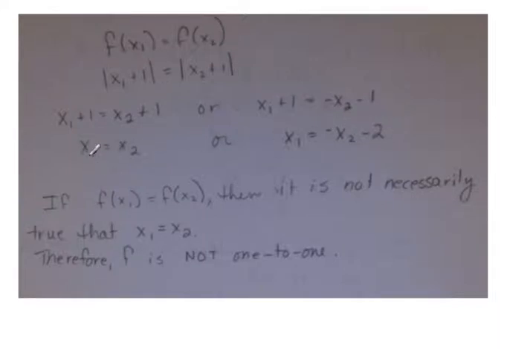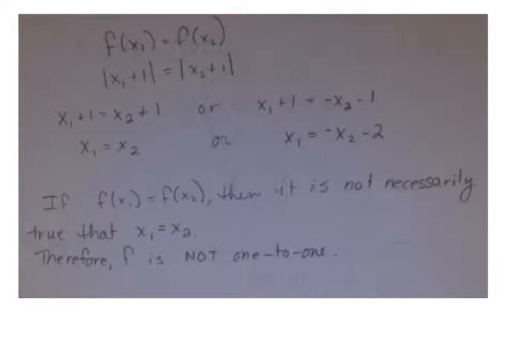I solved each of these for x1, and I found in the first case that x1 is indeed equal to x2. However, in the second case, I find that x1 is equal to the opposite of x2 minus 2. Therefore, it is not one-to-one: if f of x1 equals f of x2, then it's not necessarily true that x1 equals x2.